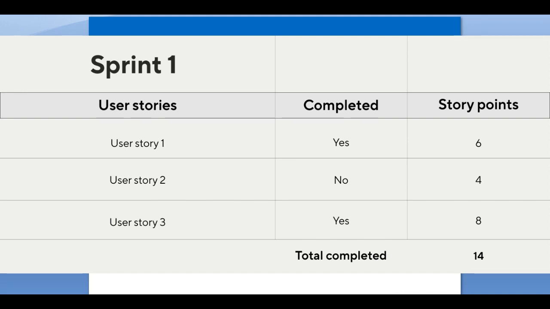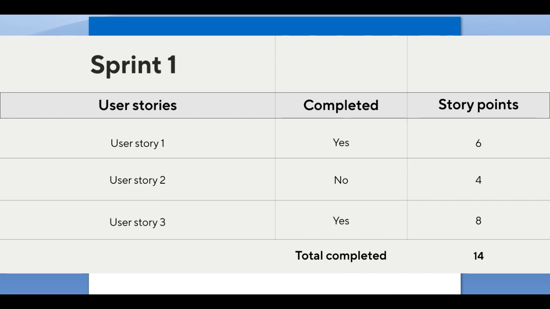For example, if 3 stories are completed in a sprint and each story is of 5 points, that means 15 is the velocity of the team. The team calculates velocity by summing up the story points of completed user stories during a sprint. Remember that velocity is always calculated based on the completed user stories.